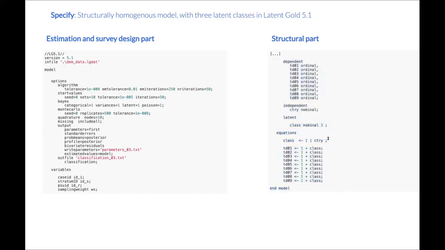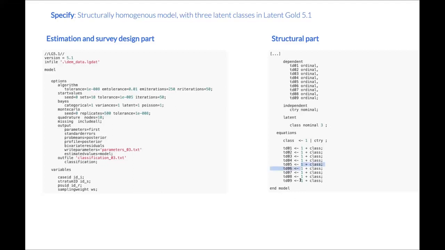The main issue here is that the equations from Latent Gold express the latent diagram in a really direct way. We are saying that we have a latent variable called class, and it has 3 groups, and only this latent variable conditions each of the items.